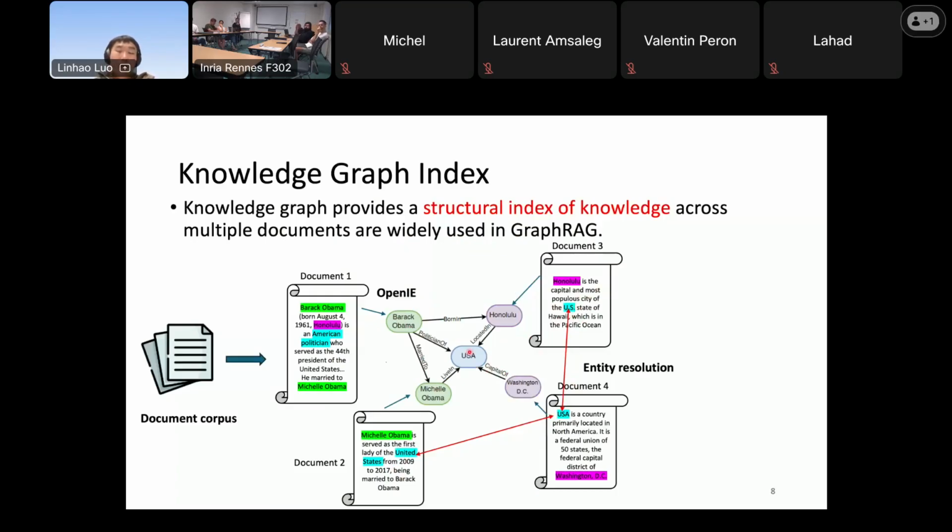So right now, because the knowledge graph can provide this kind of fine-grained index of knowledge, it has been widely used in graph RAG to help us better capture the relationship between the knowledge and utilize it for retrieval-augmented generation.